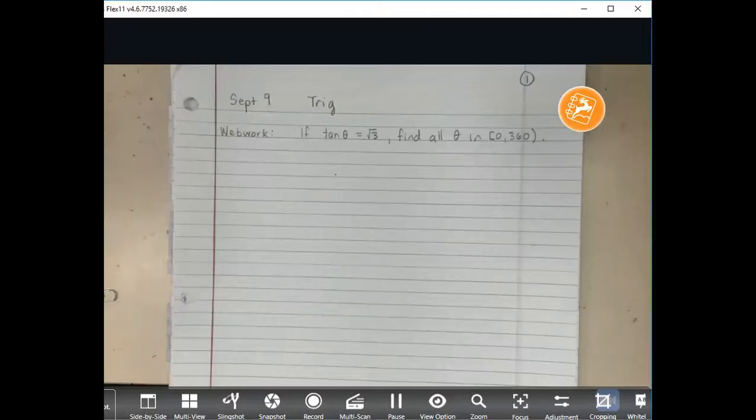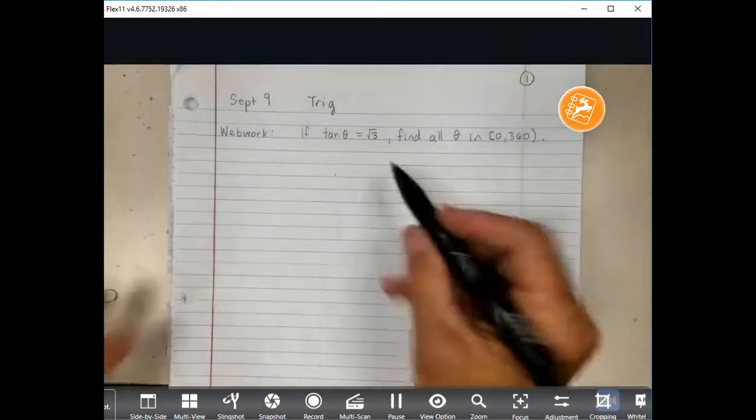And so what we have to do is go through the table a little bit backwards and try to figure out which angle in the first quadrant this happens, and then we'll figure out the angle in quadrant 3, because remember, tangent is also positive in quadrant 3.